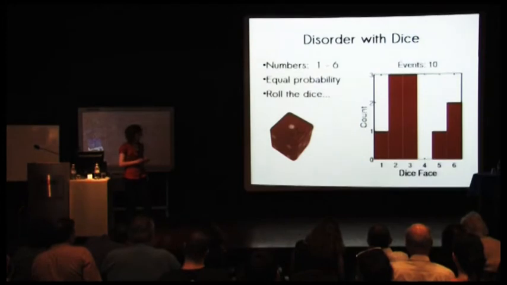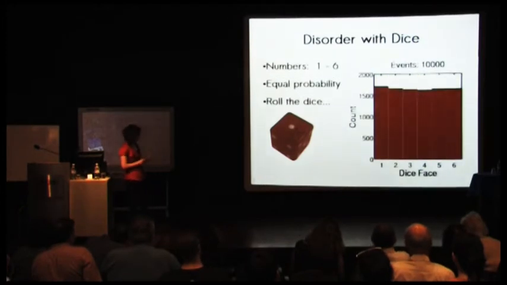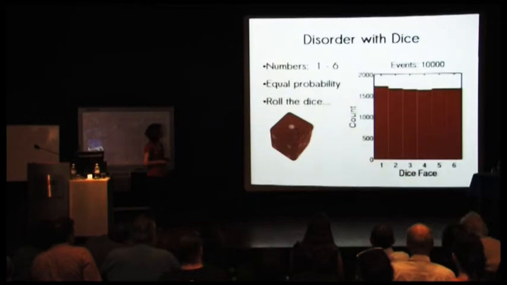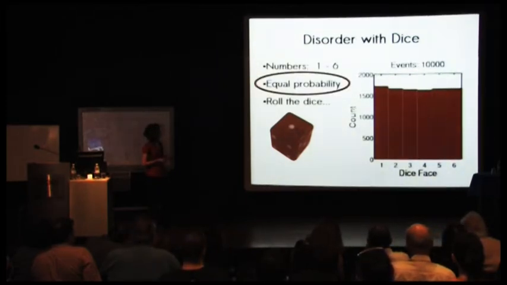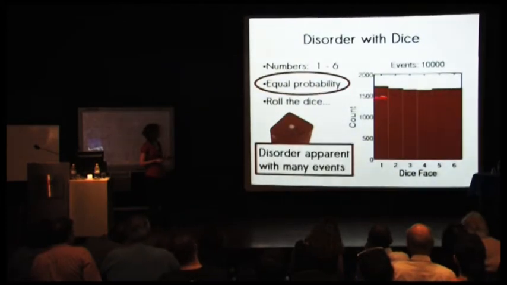Now we can spend a very long weekend and roll the dice 10,000 times. What you see is that the numbers that come up are more or less equal. This is what is meant by equal probability. What's interesting is that you see this particular disorder only after you've done the experiment many times over and over again.